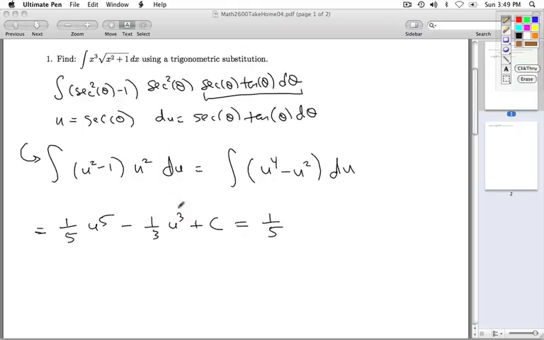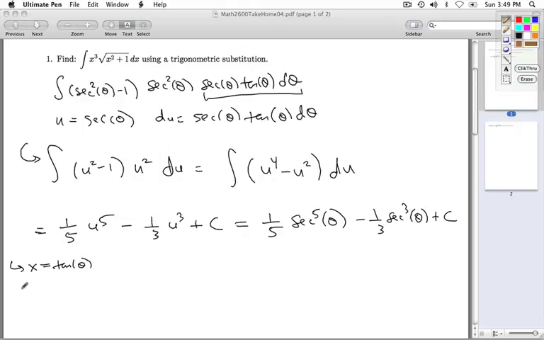You've solved it for you, now you've got to solve it for me. So we're going to put the secants back in. But we're still not done, because ultimately we need to figure this out in terms of x. So we go back to what our x was. X was the tangent of theta, and we need secant of theta.